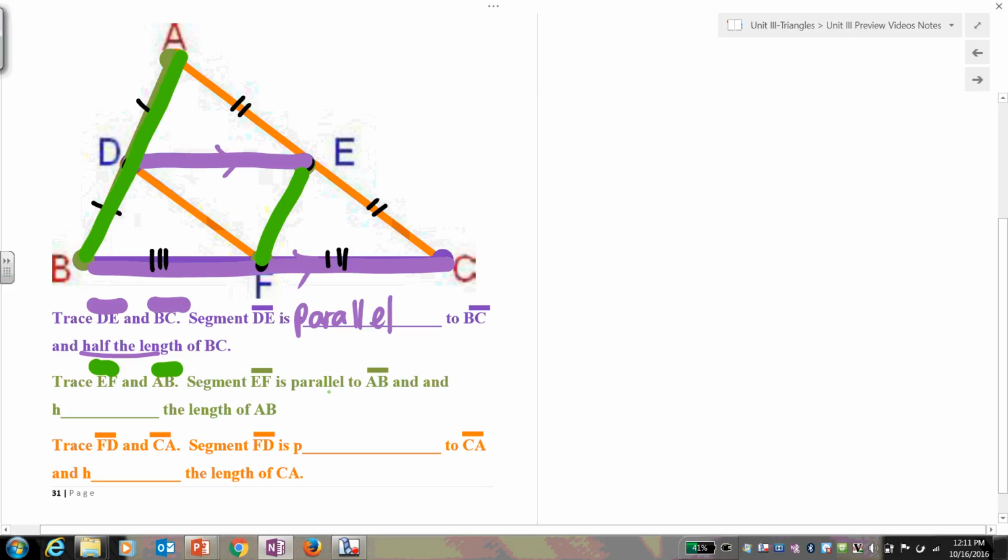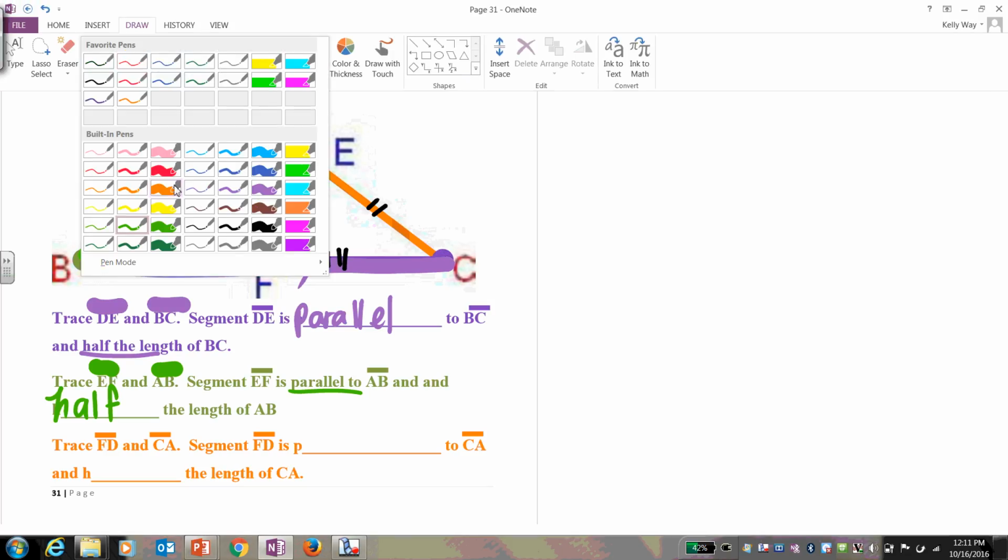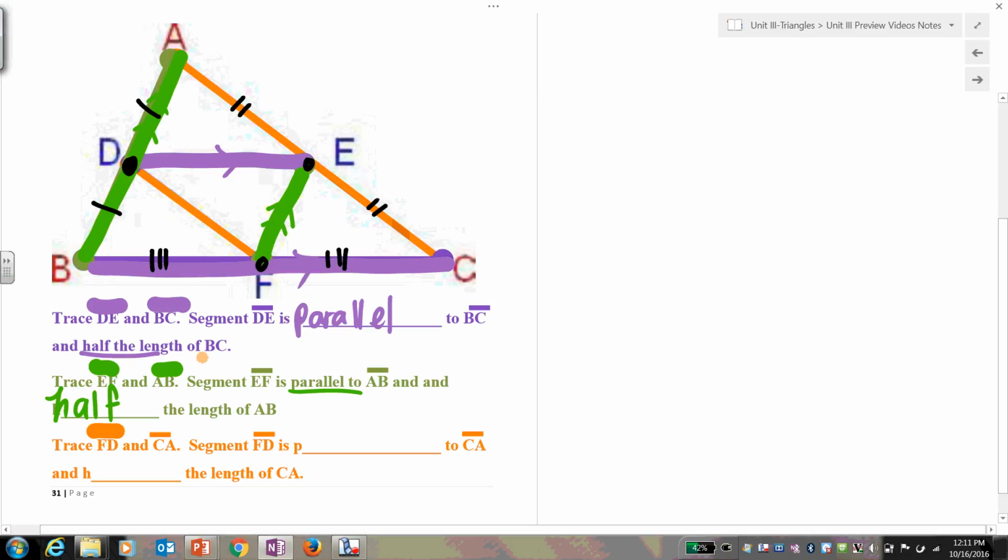It says EF is parallel to AB, which it is, and it's also half the length of AB. Let's do the last one, physically trace it. FD, CA.